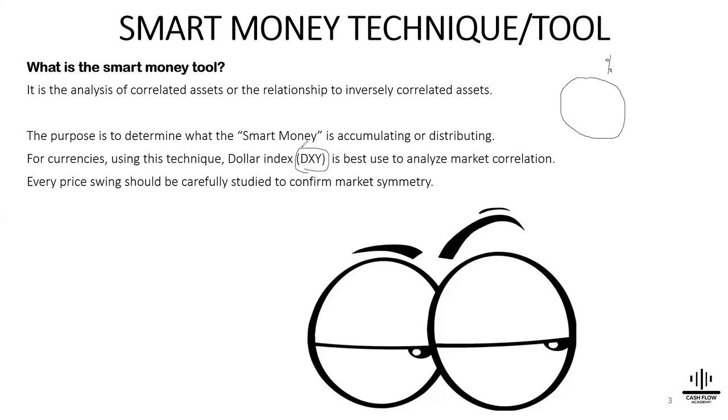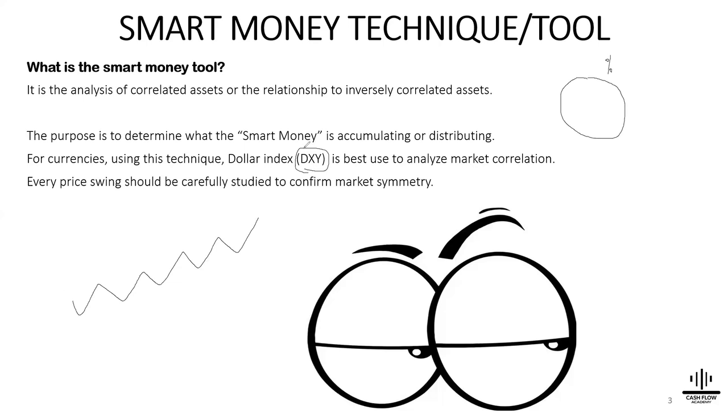So what do I mean by correlation for those of us that don't know what it is? Let's take, for example, the DXY is an asset class. If the DXY is trending, let's say in an uptrend, and then let's pick the pound, a foreign currency.